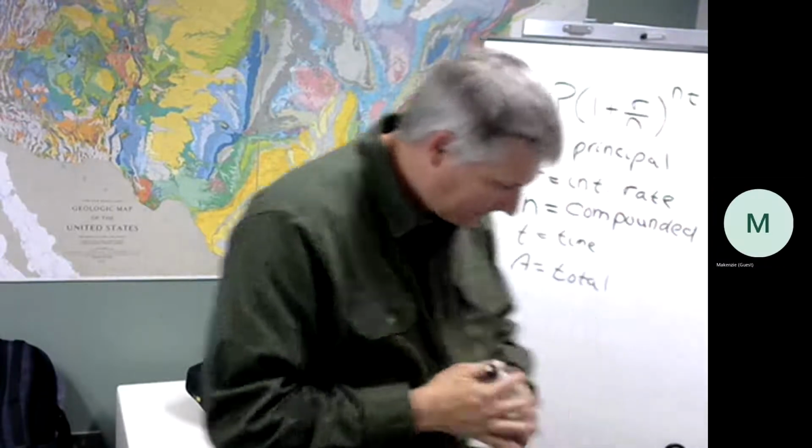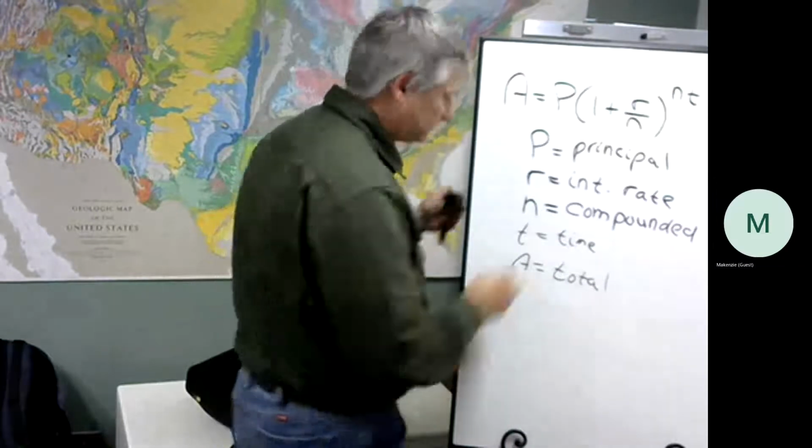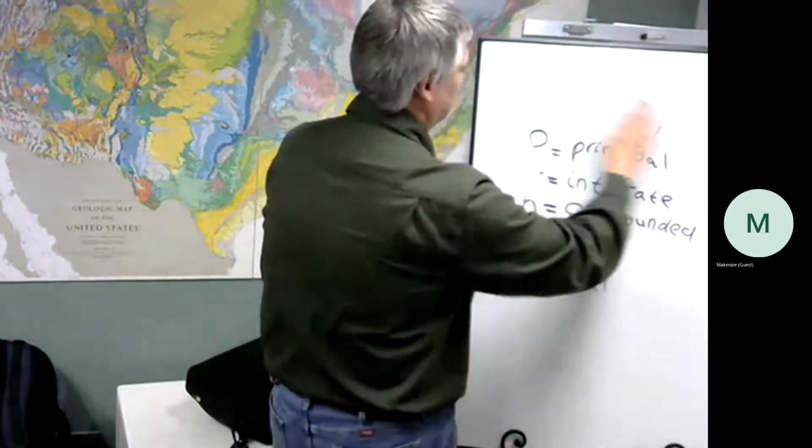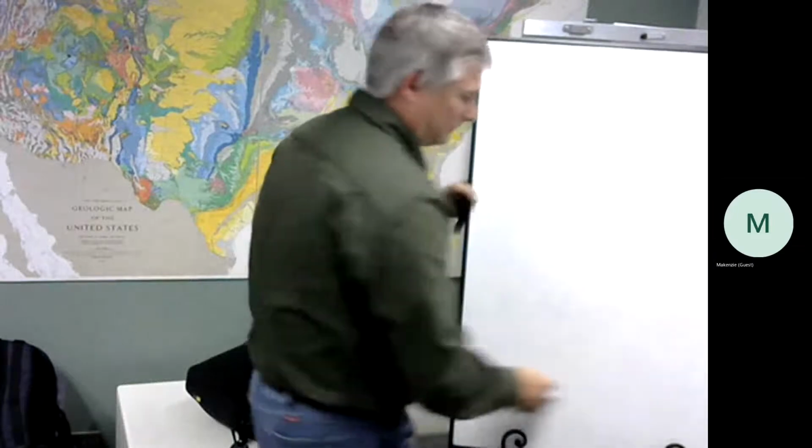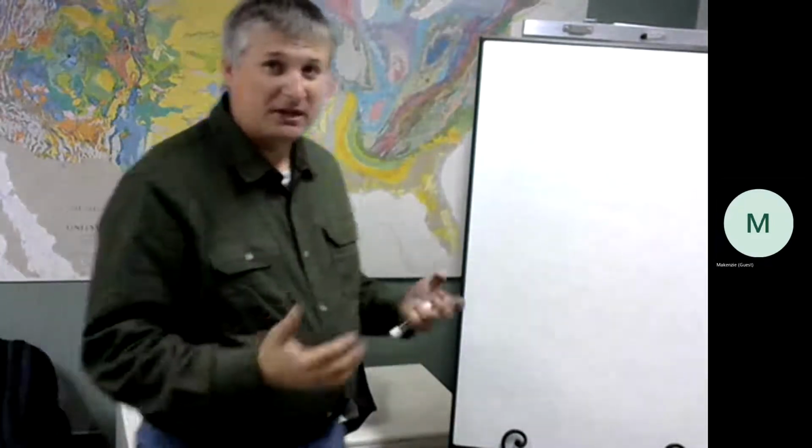And then we have yield, what we call the percent yield. Percent yield is finding an equivalence between the compounded rate and the simple interest rate. But let's take a look, just using the formula.